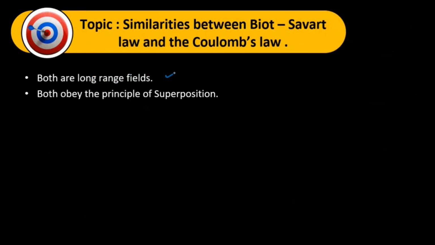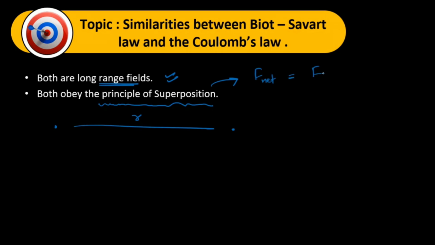First of all, they both are long range forces. Means even if there is a lot of distance between the ends of the conductor, as well as the charges, they do exist. And next, they follow the principle of superposition. Principle of superposition means if you have to find the net force or the net field, just add all the fields.